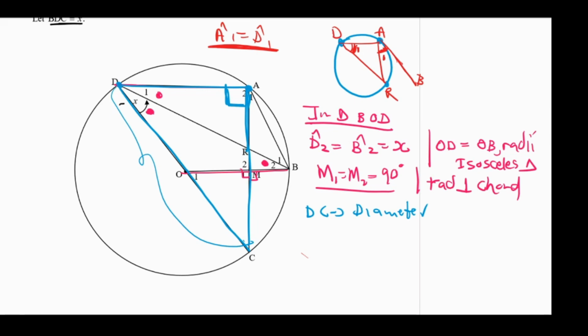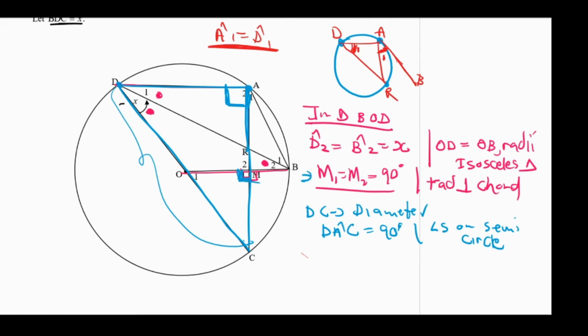Angles in a semicircle. So angle DAC is equal to 90 degrees. Angles in a semicircle, right?